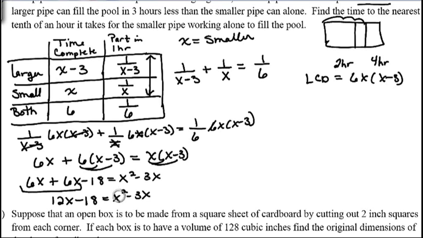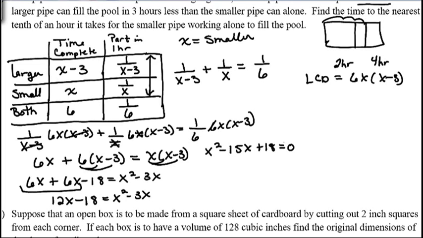This is a quadratic because I have an x squared term here, so that means I need 0 on one side, so I'm going to bring the 12x and the negative 18 over. So I'm going to subtract 12x and add 18, and that will give me x squared minus 15x plus 18 equals 0.